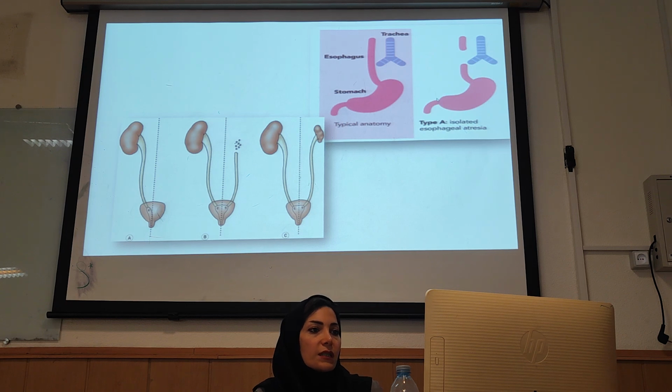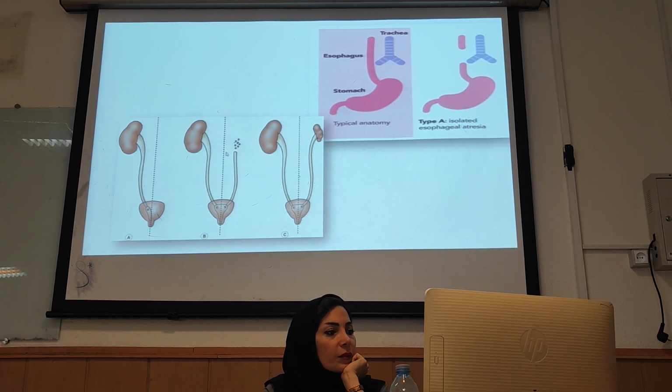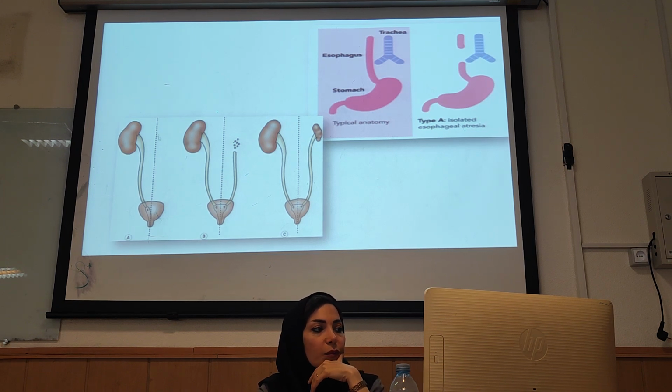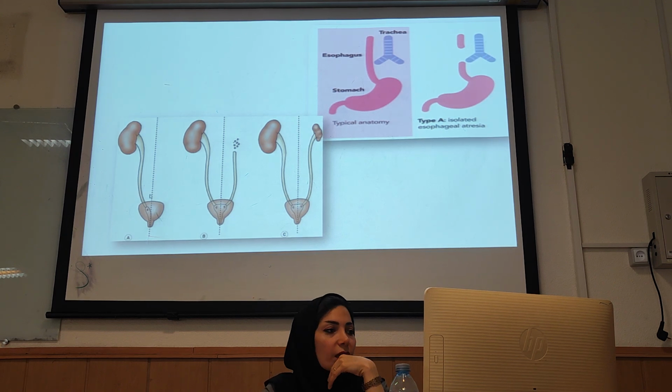Okay, you see in this slide some photos. The first one, A. Which one of the terms that I said in the previous slide is true about this one? Agenesis, okay. And this one?